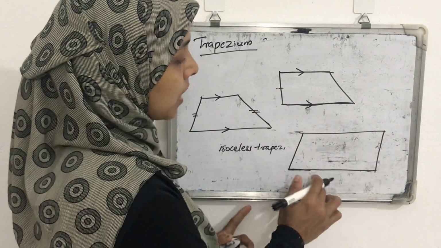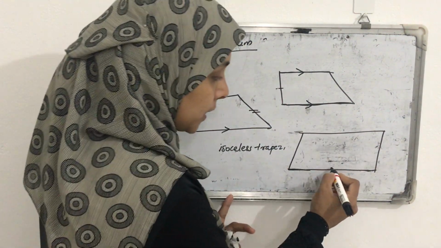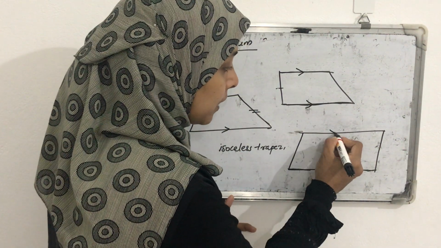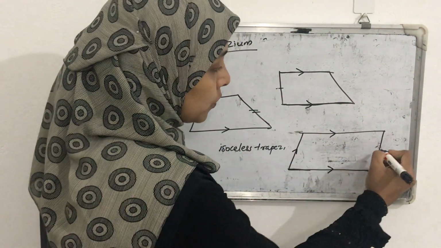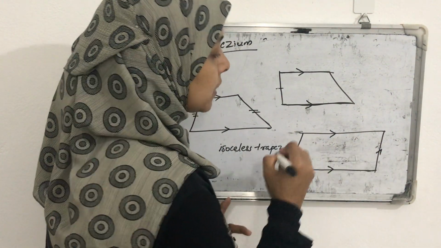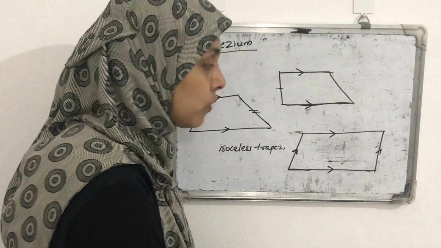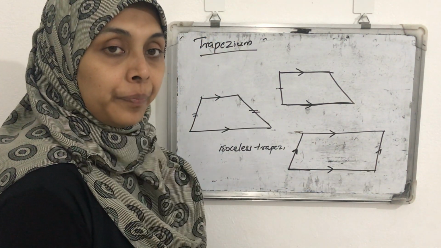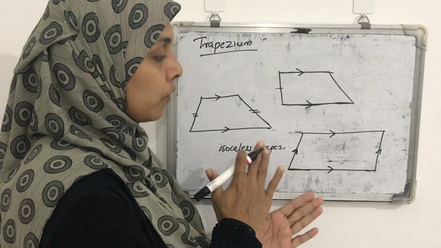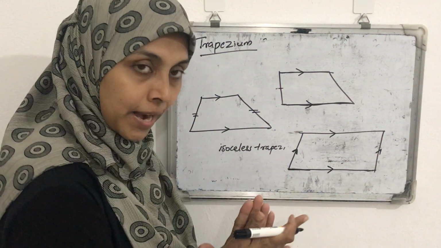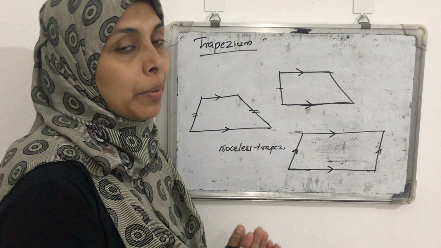So in this we also have 4 line segments, 4 sides. In this case these two sides are parallel, and when we take these two sides, those are also parallel. Such types of quadrilaterals are called parallelograms. If two pairs of opposite sides are parallel, then that quadrilateral is called a parallelogram.